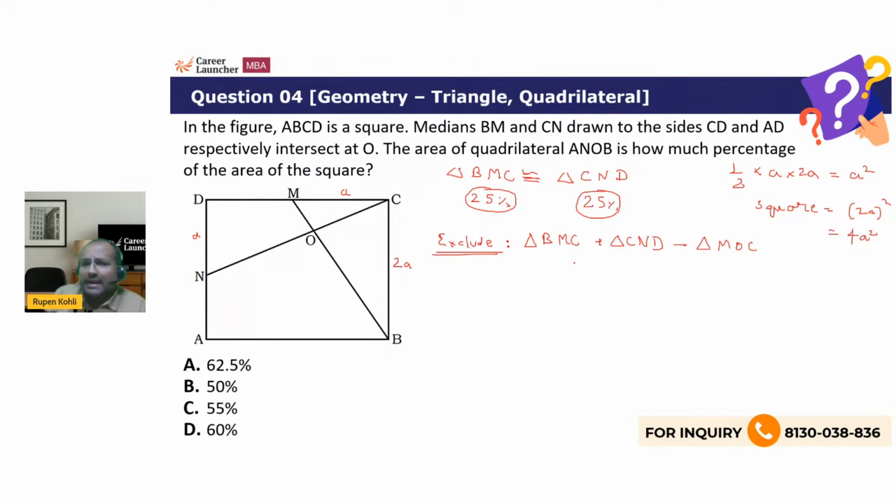So one thing is very clear, the answer must be more than 50. Why? Because what we have to exclude is 25% plus 25%, which is 50%, minus something, this X percent. So I have to find this area MOC is how much percentage. So from 100%, we have to subtract 50 minus X. So we will be left with 50 plus X percent.